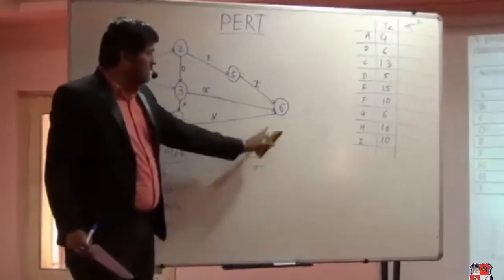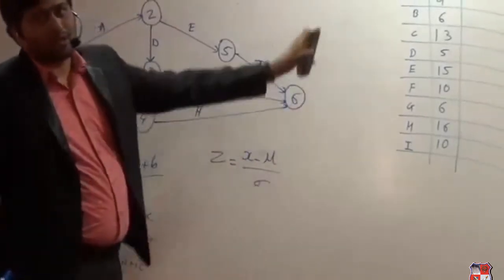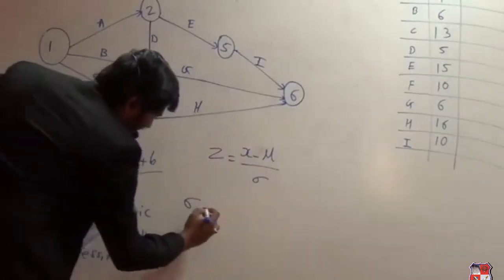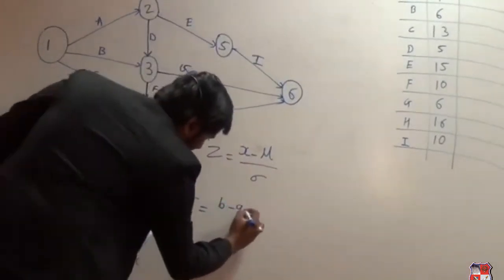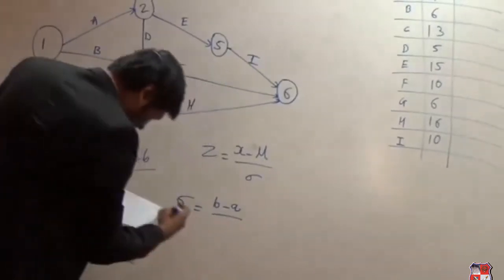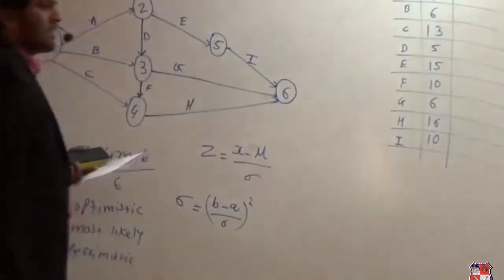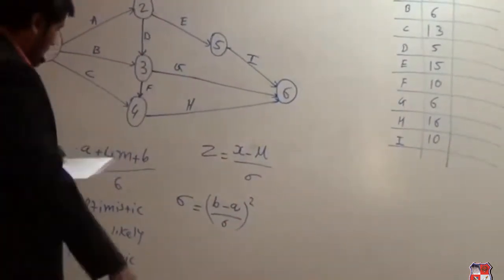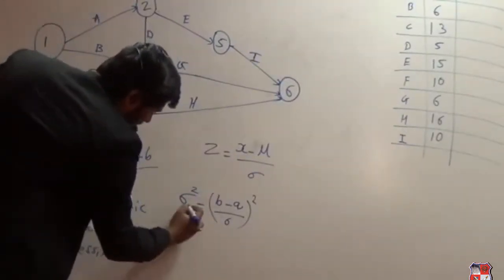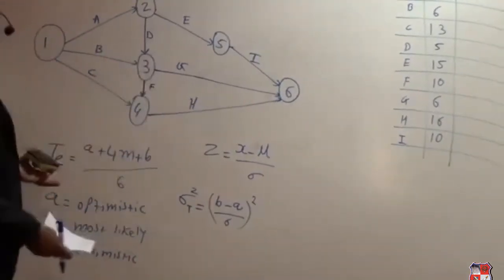Over here, the estimated time for the project will be mu, and the variance we need to derive, and for that sigma, the formula is (B minus A) upon 6, all square. This is the formula of the variance, so that will be squared and it is a total variance. So these are the basic things that we require.